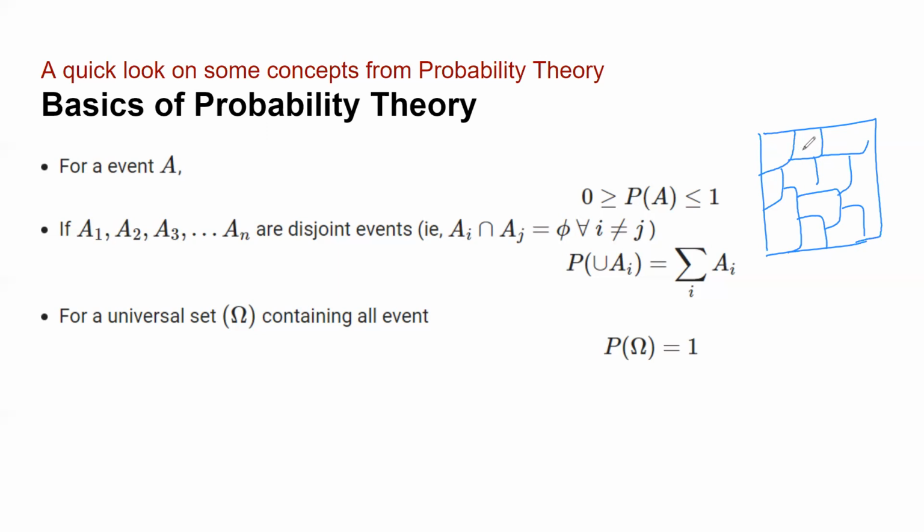Now the probability of the union of all these events: the probability of events a1, a2 till an is equal to probability of a1 plus probability of a2 till probability of an.